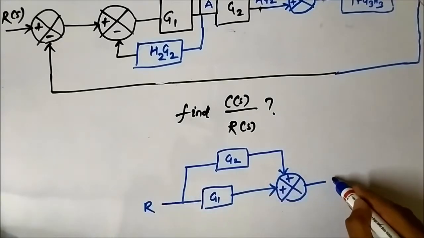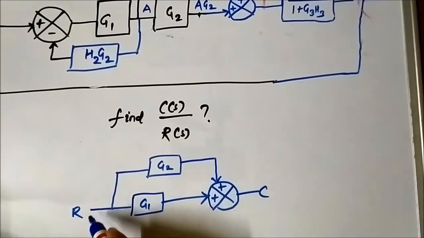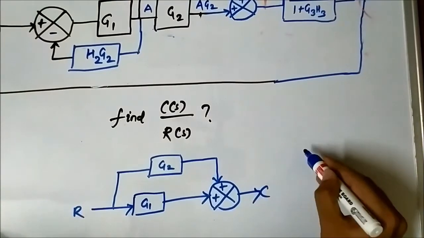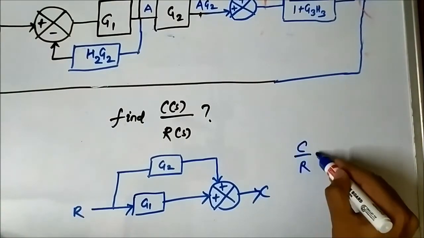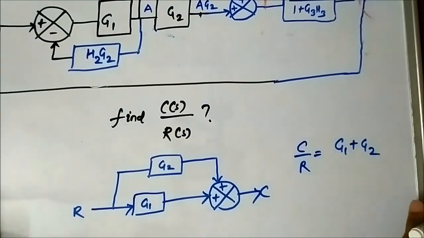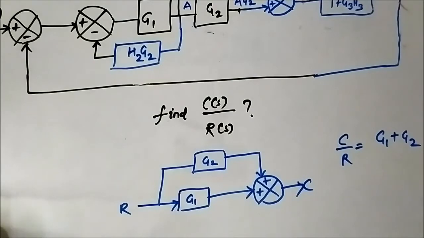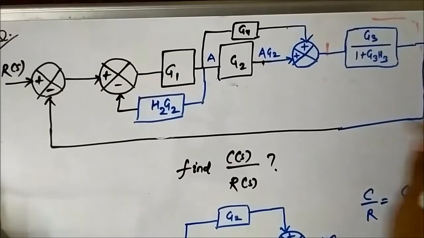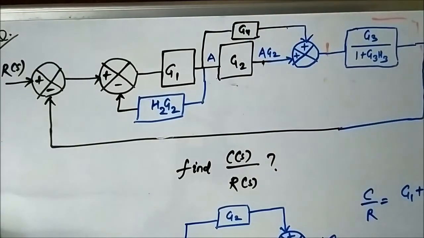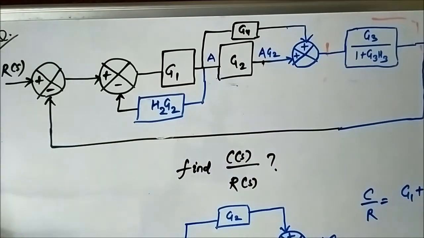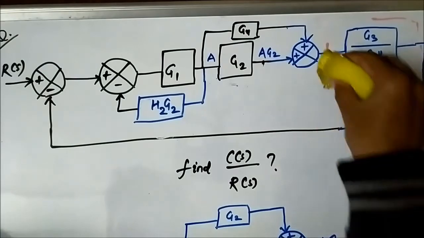This is R, this is C. So this output C by R is G1 plus G2. This gets added. So here also it will be G2 plus G4. This entire portion will be converted into a single block G2 plus G4.